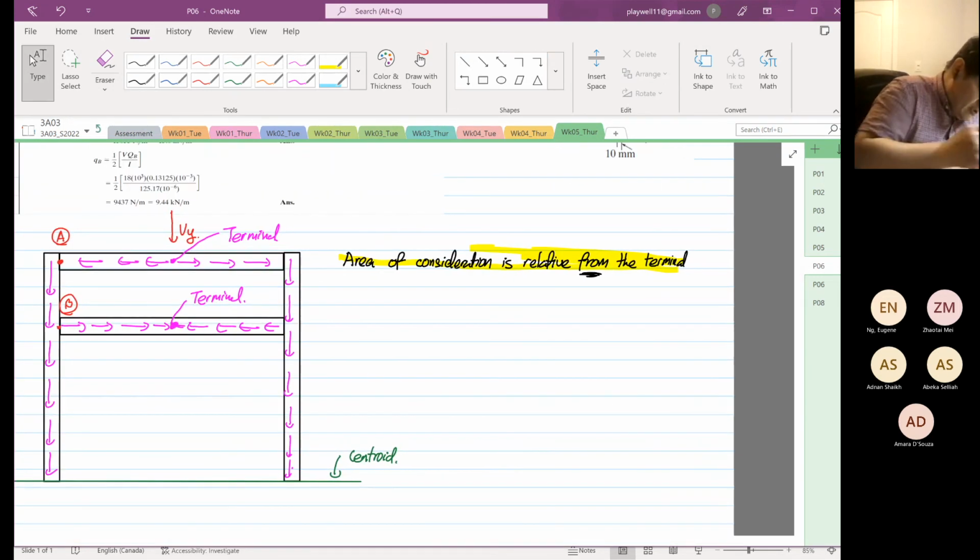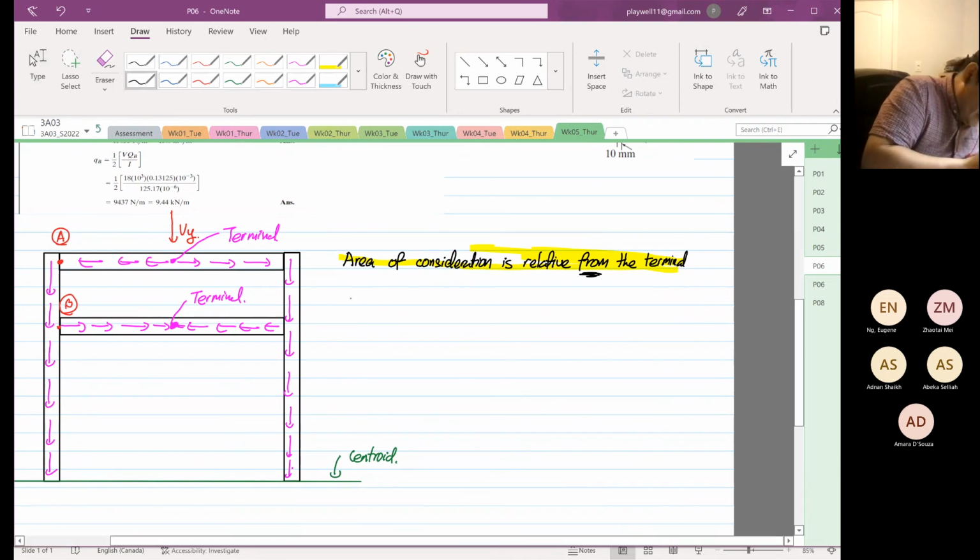So at point A, the question wants us to find the shear flow for point A, and we know that it is a thin wall box beam, and we are going to have 2Q.